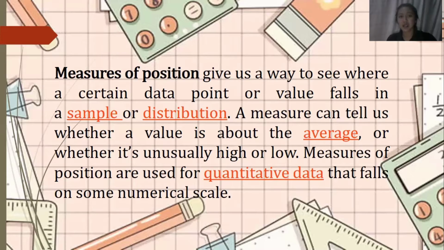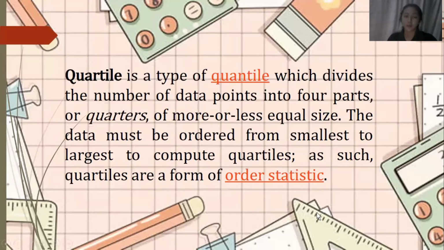So, madalas ginagamit natin ang measures of position, from the word itself, to measure kung yung isang data ay nasaan ba siya kabilang or saan siya banda. Ganun yun. First, the quartile. It is a type of quantile which divides the number of data points into 4 parts or quarters. Diba, alam naman natin na when we're talking about the word quar, it means 4.